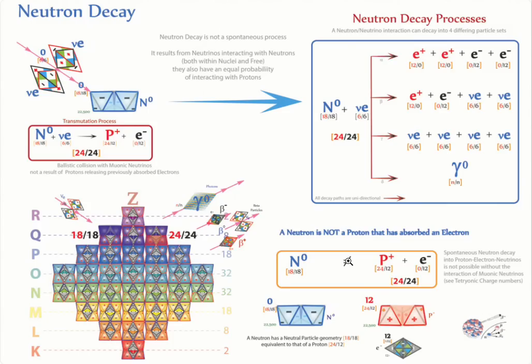And of course, this additional mass has been factored into all the equations for elements for over a century now. Tetryonics shows that this is not the case, that the matter of a neutron is in fact the same as that of a proton, and the geometries are identical.